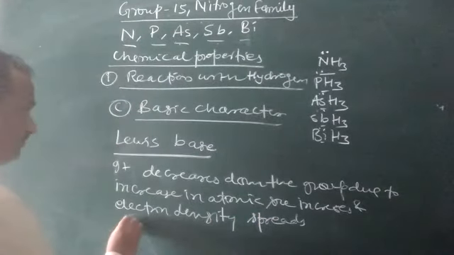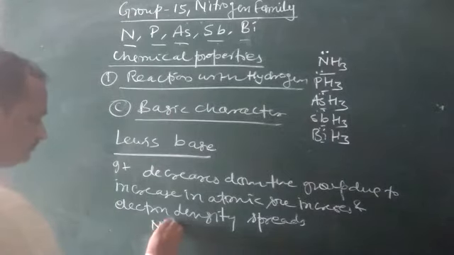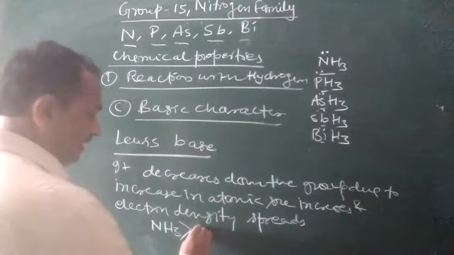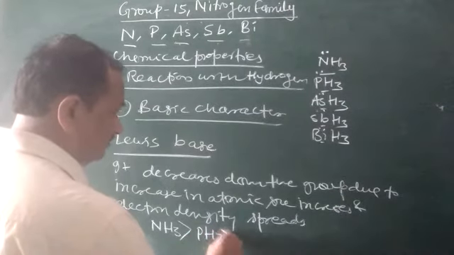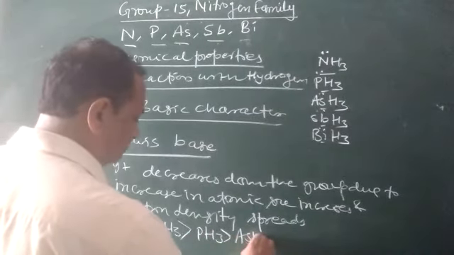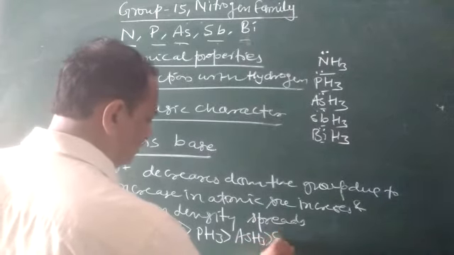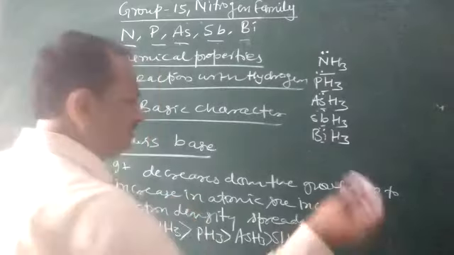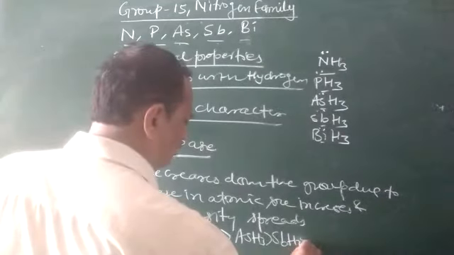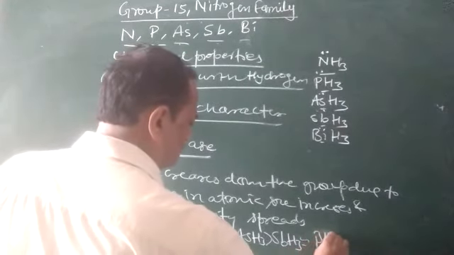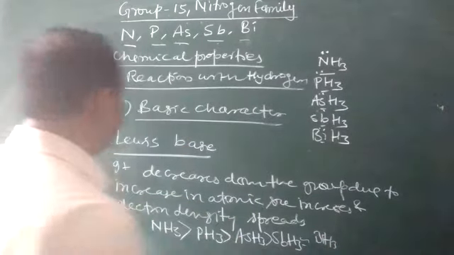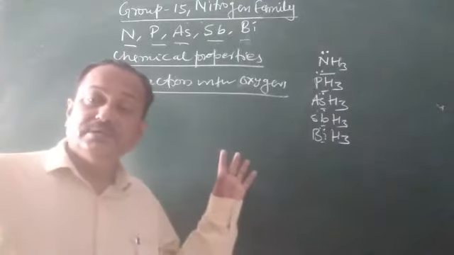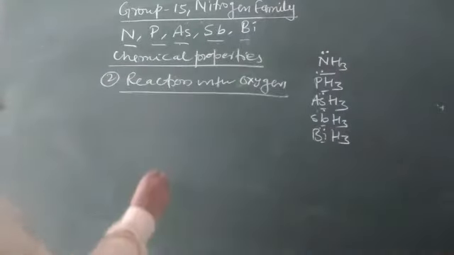So the trend will be NH3, most basic, followed by PH3, then AsH3, then SbH3, and bismuthine is very large, so it will be almost the same. This is the general trend about basic character. Now coming to the next point, reaction with oxygen.